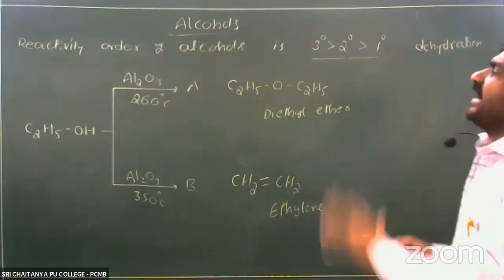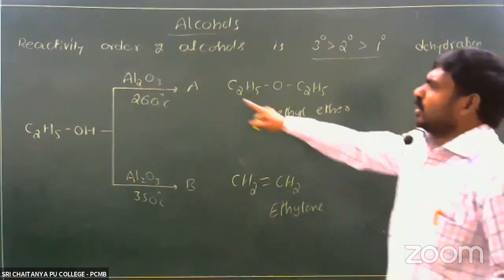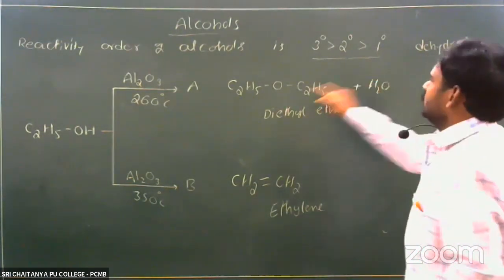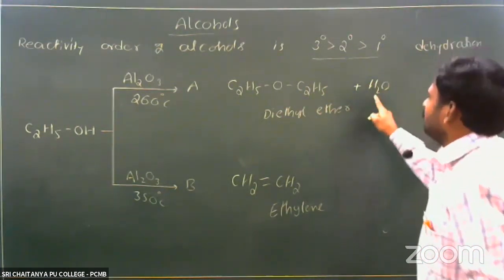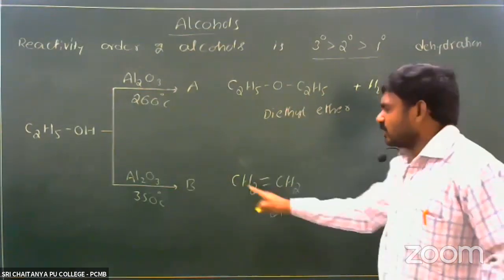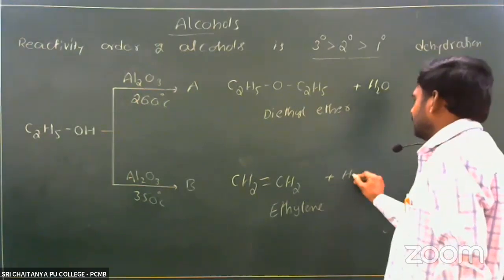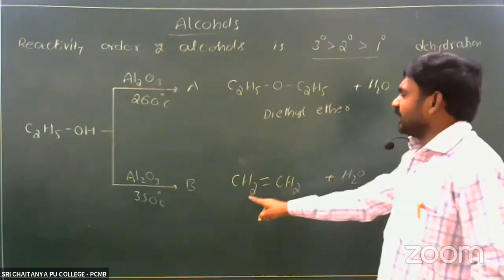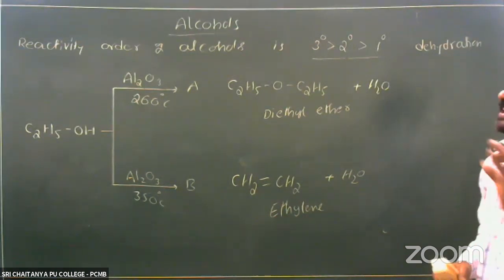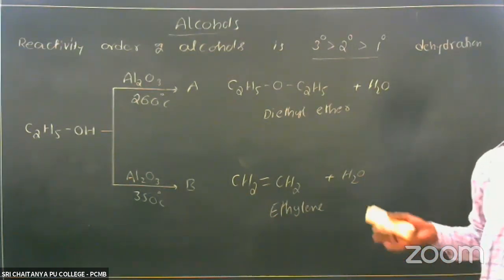In this reaction, 2 moles of ethyl alcohol lose 1 water molecule to give diethyl ether. Here 1 mole of ethyl alcohol loses 1 mole of water to give ethylene. So these are the dehydration reactions of alcohol.